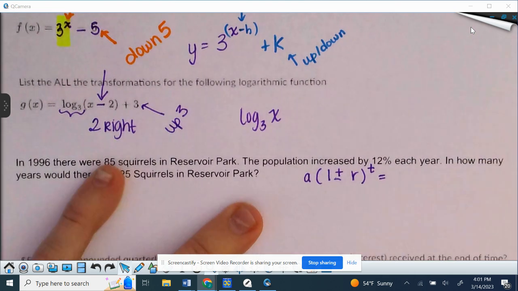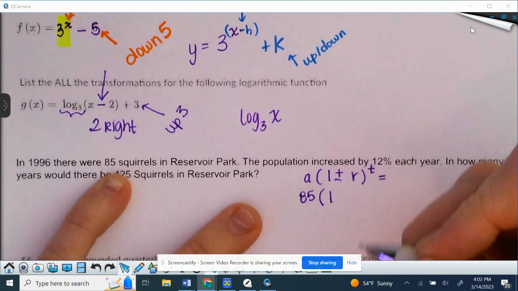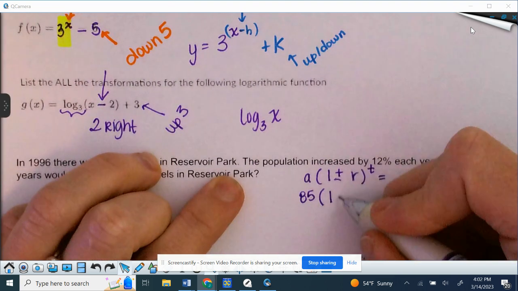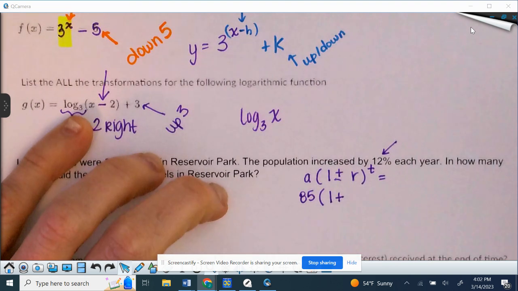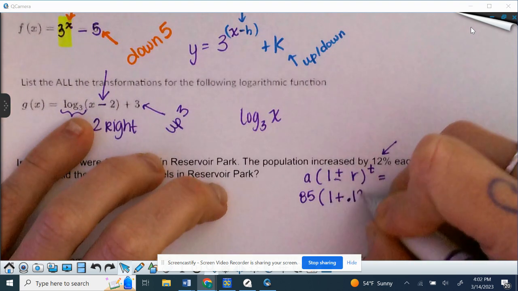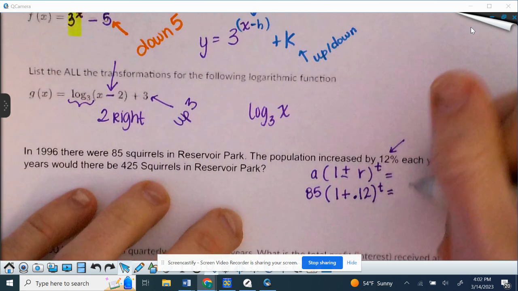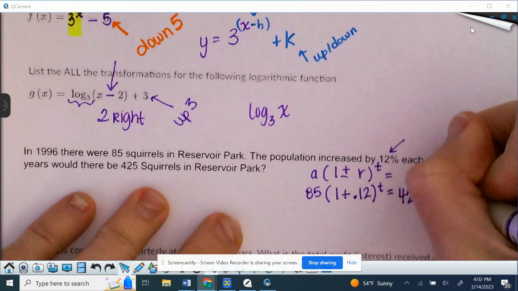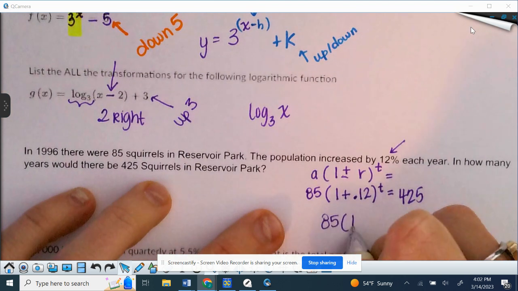So 85 squirrels is going to be our A, because that's how many we started with. We're going to do 1, the population increase, that's going to be a plus. That 12%, if we divide it by 100 or move the decimal over 2 to the left, we're going to have 0.12. Our T we don't know, but we want to know how long it will take to have 425 squirrels. Now, this is going to be written as such.